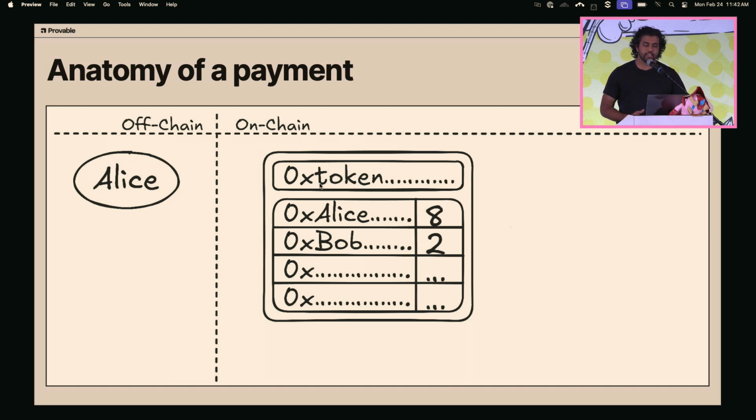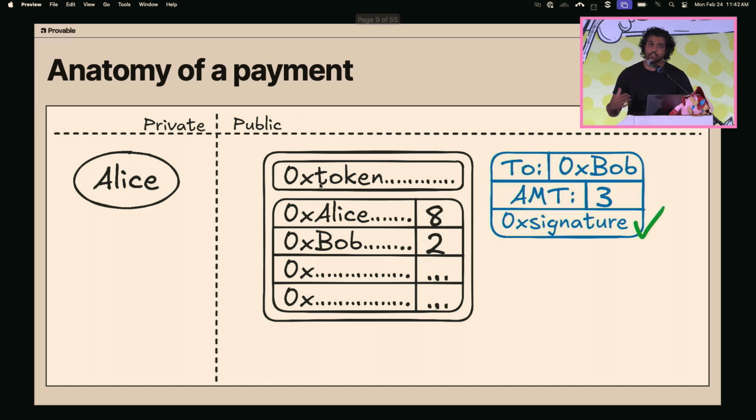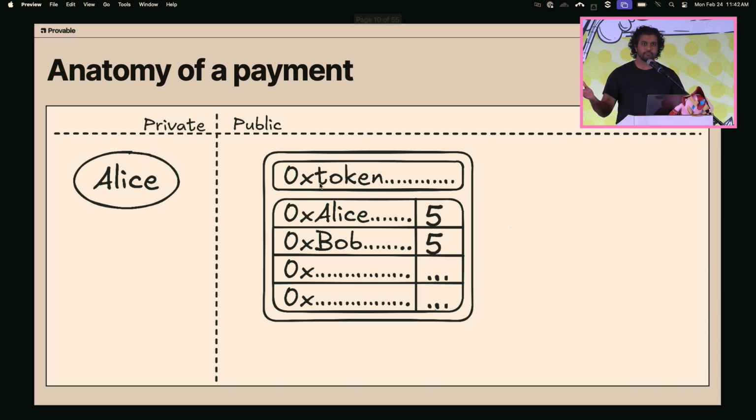Now, the way this looks in Ethereum and Bitcoin, abstractly, is that Alice will first generate a transaction. That transaction will specify the person she wants to send to, the amount, and a signature. And Alice is going to fire that over to the network. The network is basically going to take a look at this transaction, process it, verify that it's well-formed, verify that the signature is correct, and then update the state.